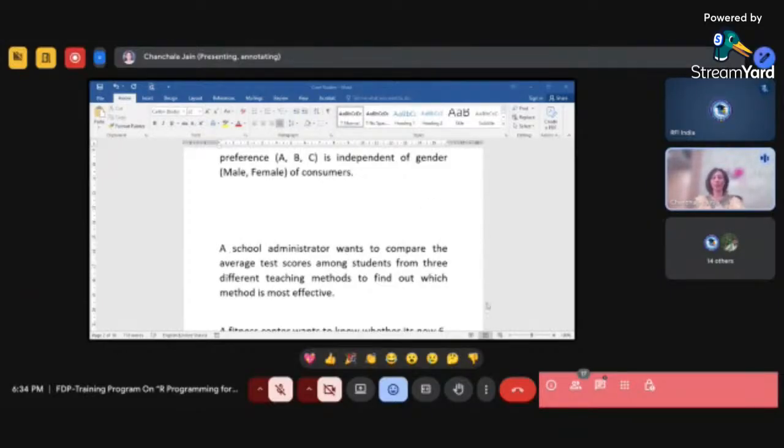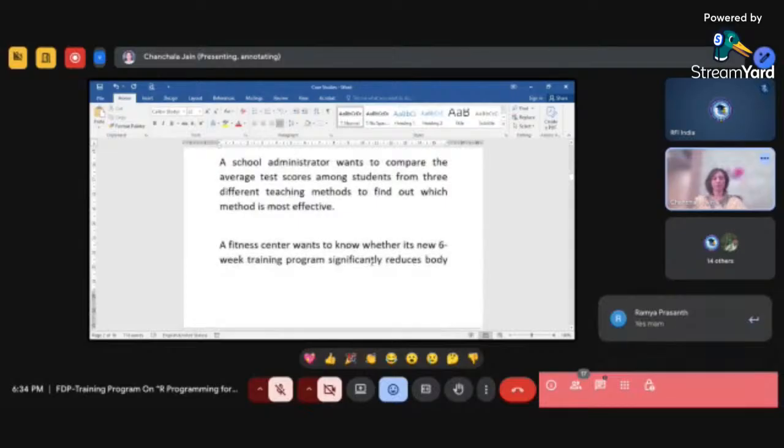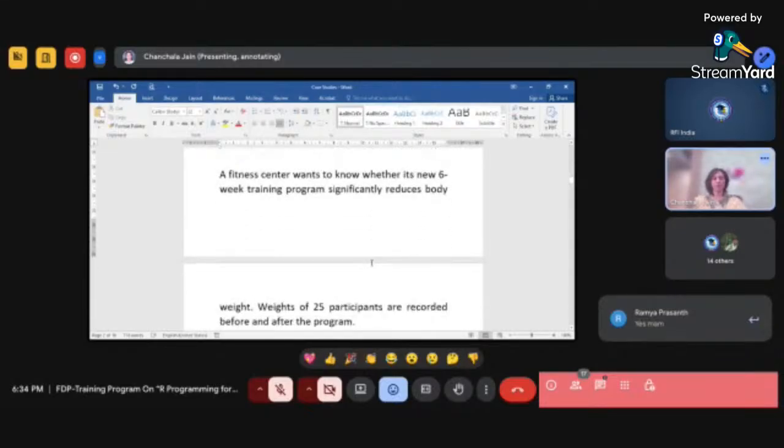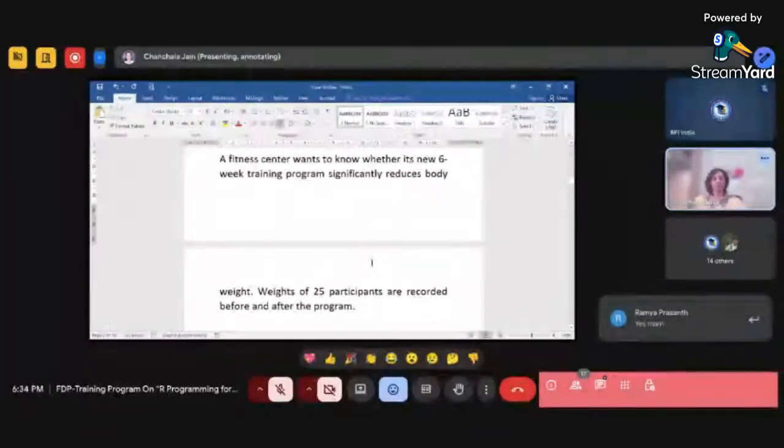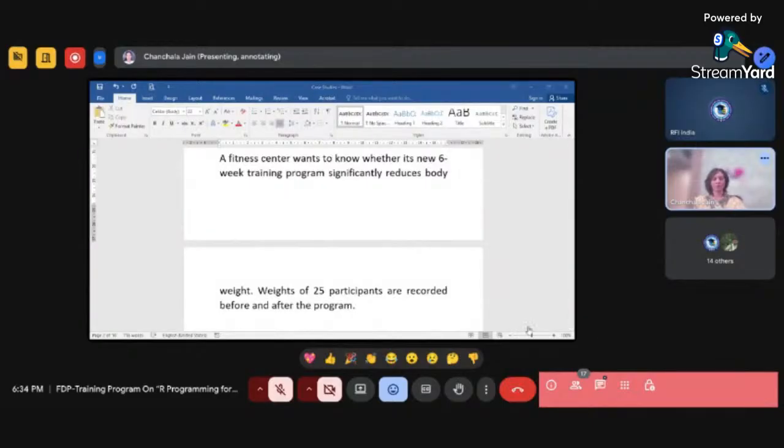And I think to Ramya ma'am. Yes, ma'am. Moving to the next.